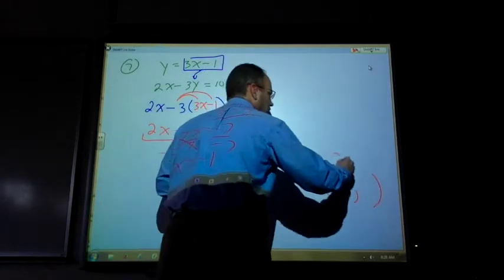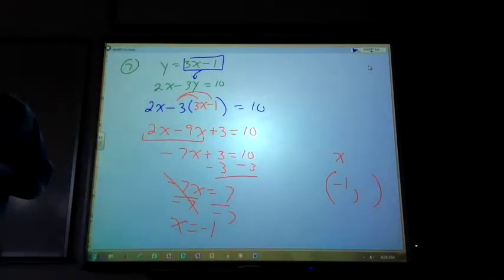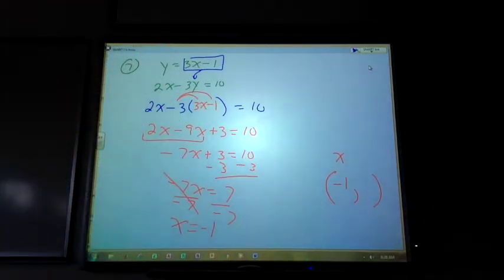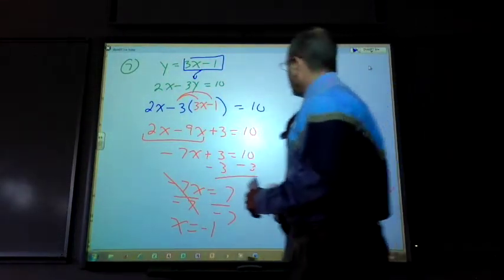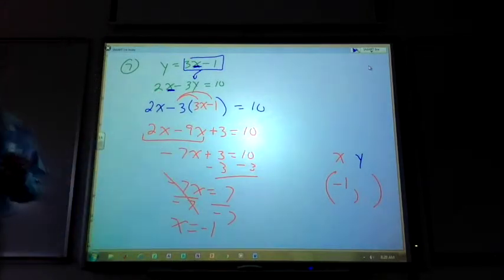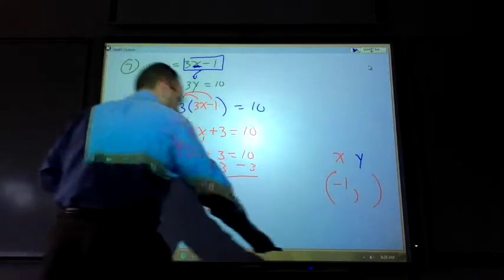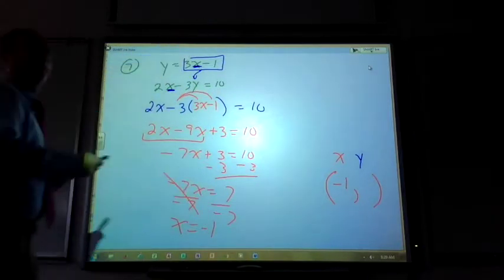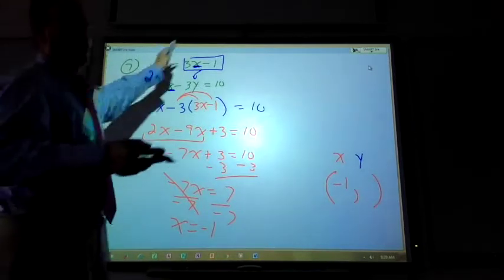So Ray, I solved x being negative 1. What value am I looking for? I'm looking for y. I can plug that x value into this one or this one. Do you feel the top one or the bottom one would be better? Top. Why would you feel that way? Yeah, it's straight away. I like that language. Good deal. You know that the top equation is y equals.